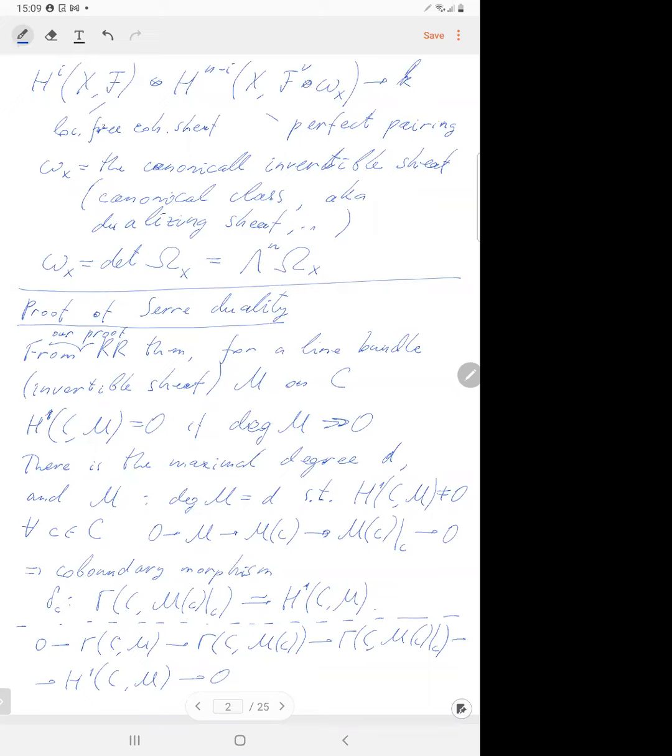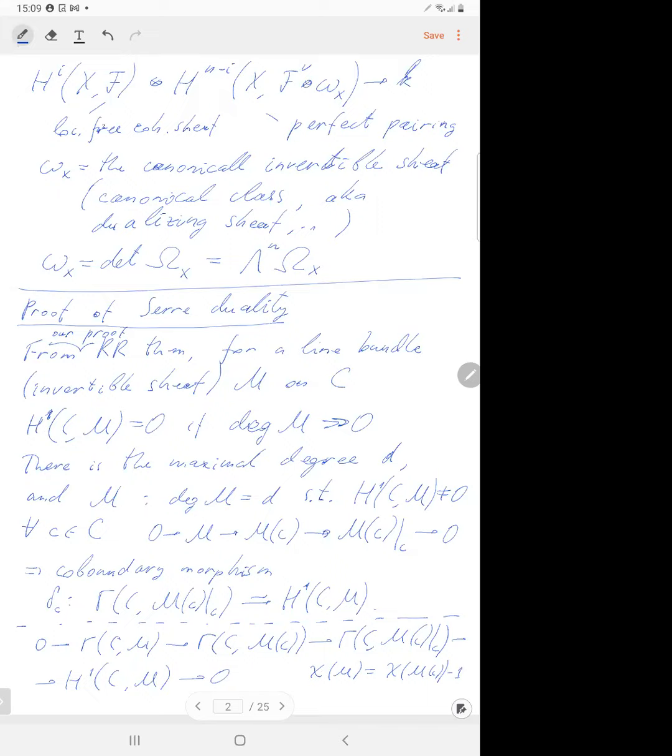And this is impossible because we know that the Euler characteristic is the Euler characteristic of M of C minus 1, right?